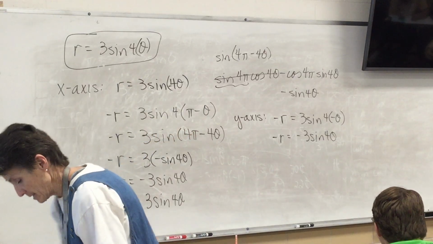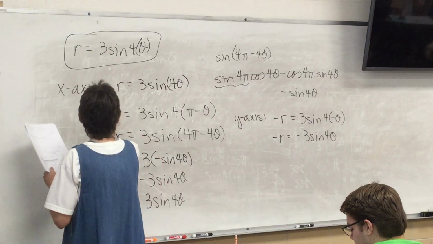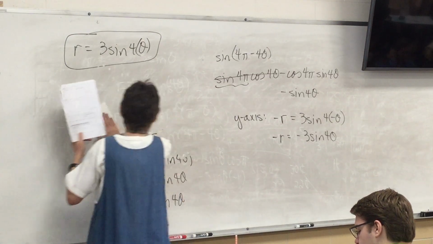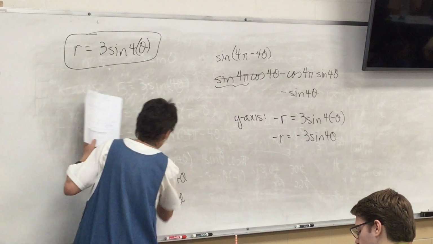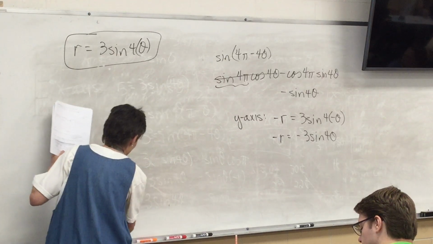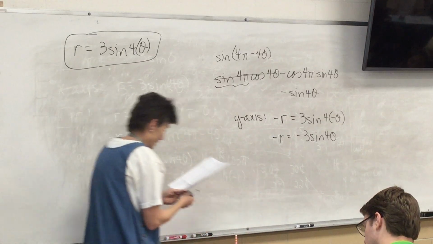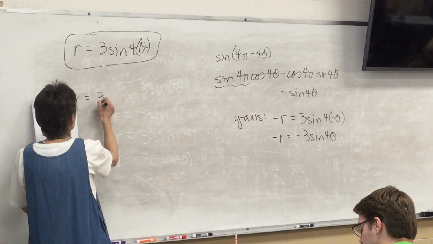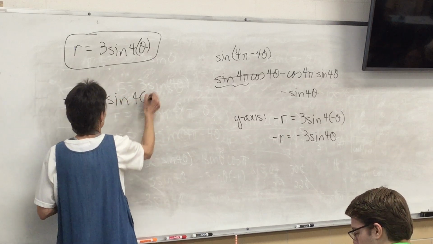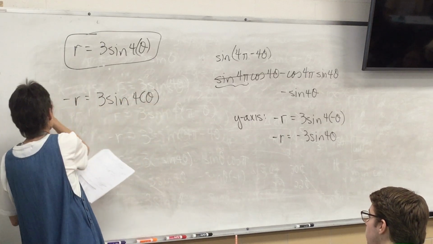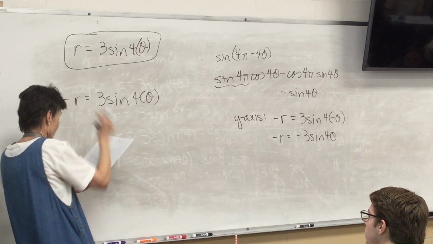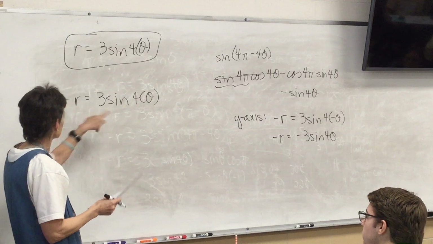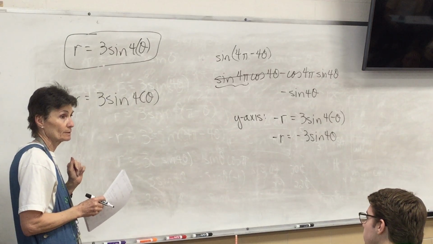All right, and now we have the origin. Okay, this isn't gonna work. Would you agree I'm doing the origin now? And I plugged in negative R and left theta alone, and that is not going to be the same as the original.